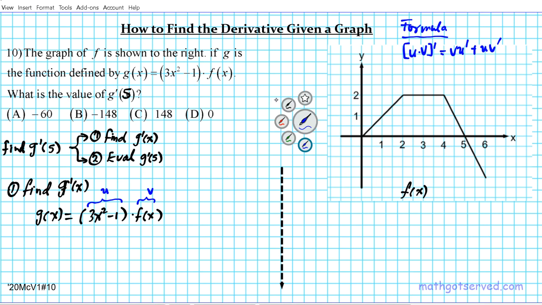So when we apply the product rule, g prime of x is going to be v, which is f of x, times u prime. If you differentiate 3x squared, you get 6x, because the derivative of 1 is just 0. So that's vu prime, plus u, which is quantity 3x squared minus 1, times v prime, which is f prime of x.